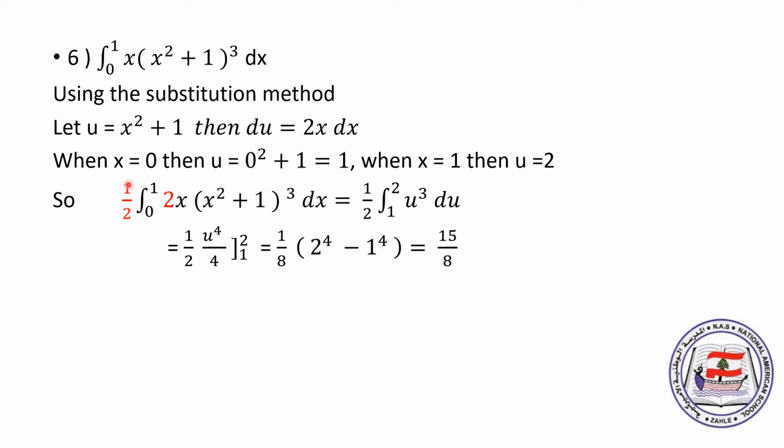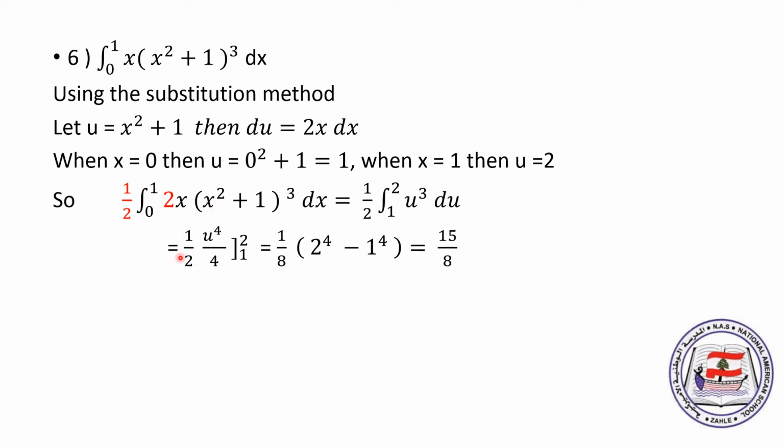Then replacing by each expression, 2x dx is replaced by du, x squared plus 1 is replaced by u, and the lower boundary over u is 1, the upper boundary over u is 2.